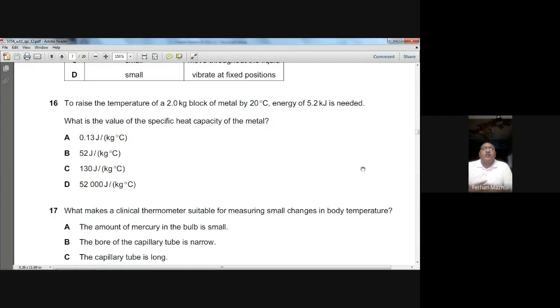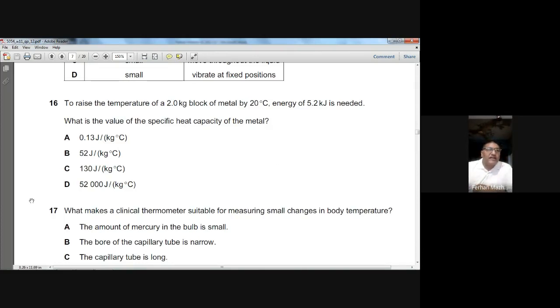For this, the formula for the heat involved is heat is equal to mc delta theta. The energy is given as 5.2 kilojoules multiplied by 1000, so it will be 5200 joules. The change in temperature is 20 degrees centigrade. The mass of the block is 2 kg. And c, the specific heat capacity, is the question.